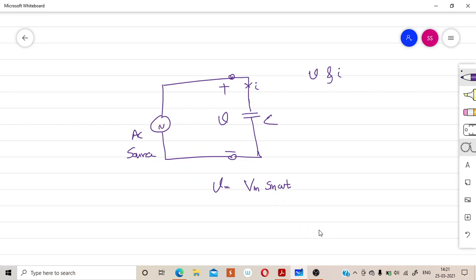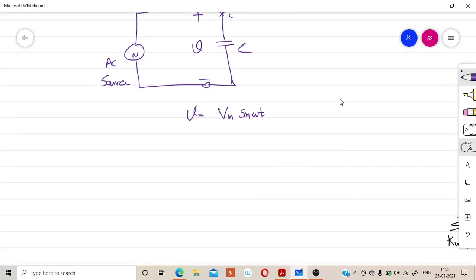Okay, and we have already studied in our previous classes that for the current I through a capacitor of capacitance C, we have the formula I is equal to C dV by dt.